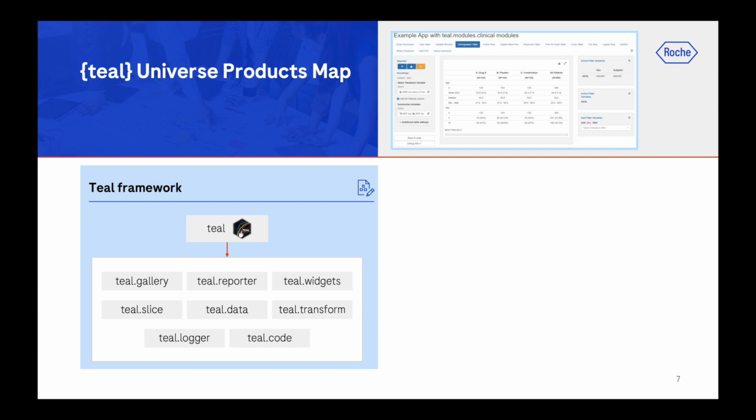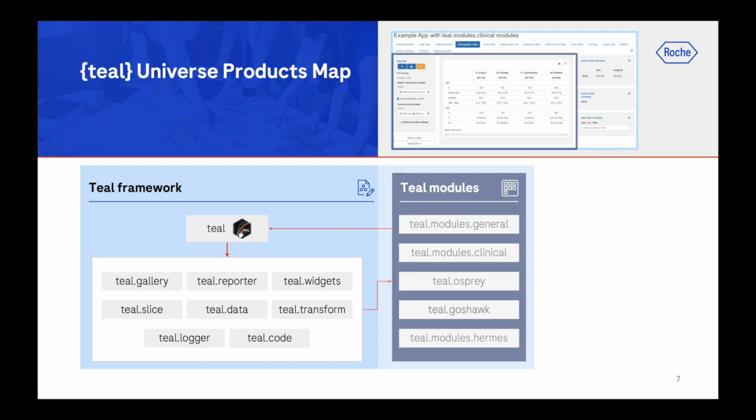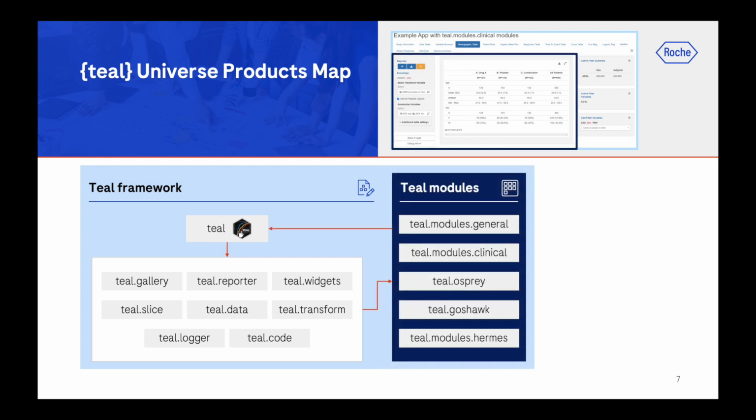We have several curated and centrally maintained teal module packages that offer a large catalog of data analysis modules. Teal Modules Clinical offers general visualization for exploring any data types. Teal Modules Clinical were designed to analyze CDISC data, specifically for clinical trial reporting.